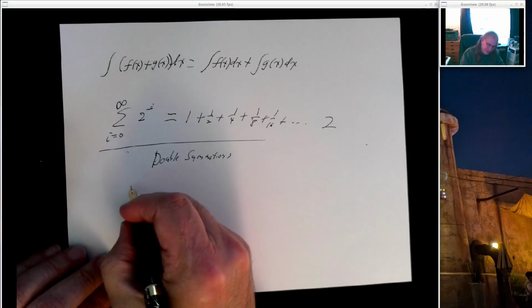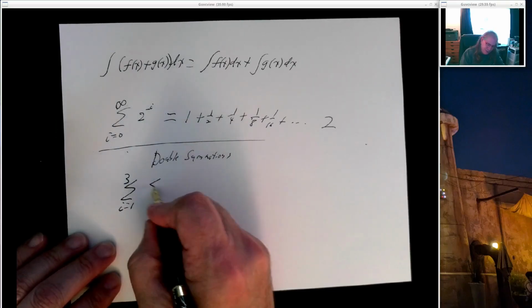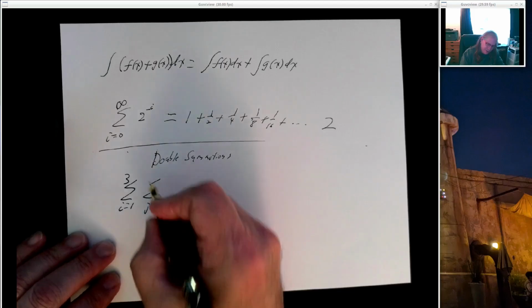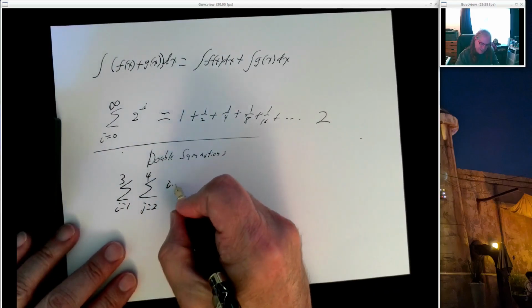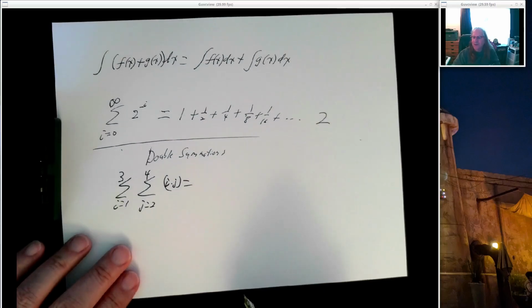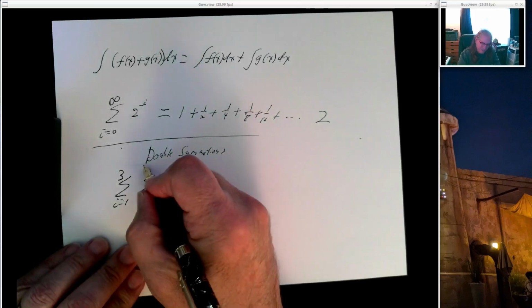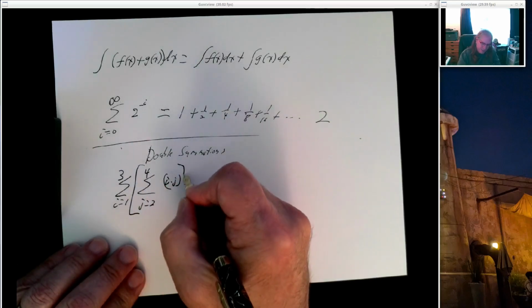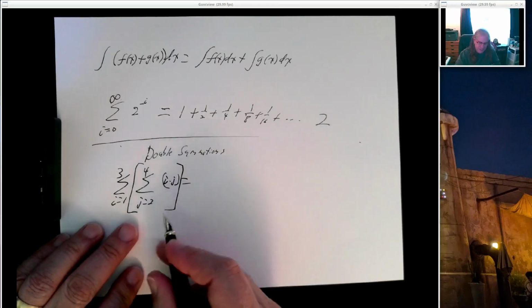So for example, you might see the sum from i equals 1 to 3 of the sum from j equals 2 to 4 of i times j. Okay, if you want to figure out what this is equal to, break it into pieces. First, just think of this piece. And what is this thing in brackets?